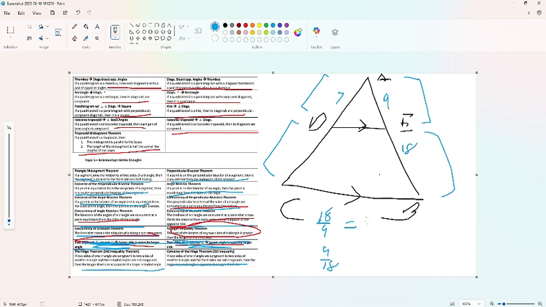So DC over 7 or 7 over DC. What you would get is 18 times 7 over 9, so DC is 14. I did not do that mentally, so I just looked at something. DC would be 14. Look, 7 over 14, 1/2. 9 over 18, it's also 1/2. So these proportions are congruent.